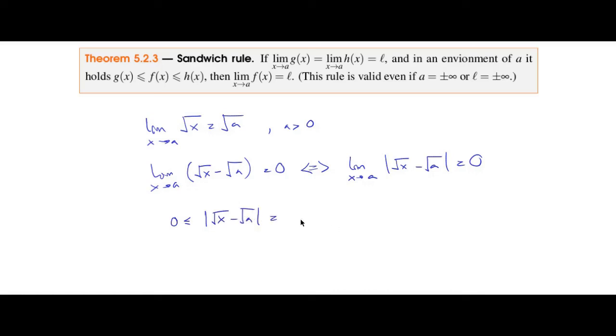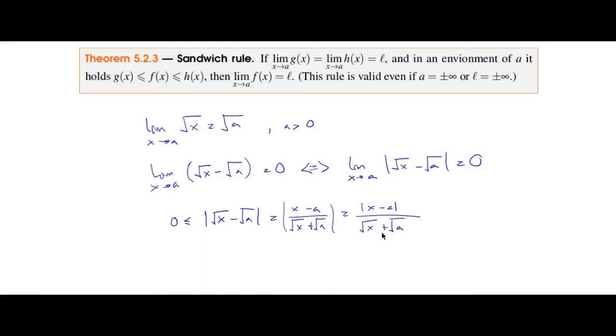Now we multiply and divide by the conjugate, so in the denominator we have the square root of x plus the square root of a, and here we have x minus a, and in the denominator we have positive numbers, so this is the absolute value of x minus a, divided by the square root of x plus the square root of a.